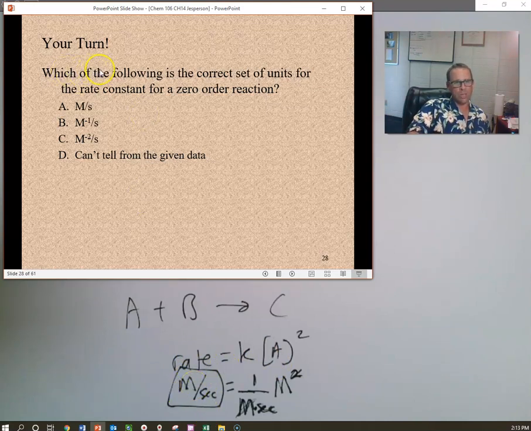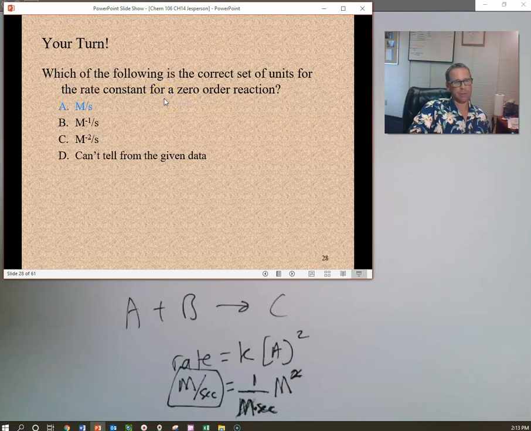Which of the following is the correct set of units for the rate constant for a zero-order reaction? This is true for any zero-order reaction. Let's see, Camille, what do you think? Which ones are the correct units for K for a zero-order reaction?